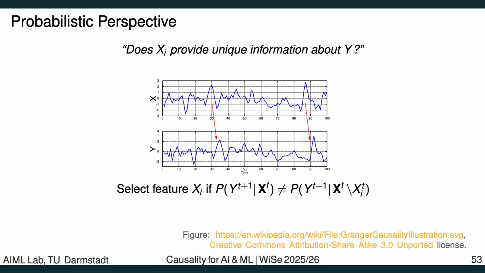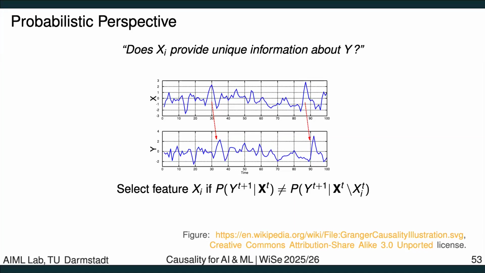The idea is that if I look at this time series, I might see some signal in X and sometime later see it in Y. So it's really about regressing these two things onto each other. If we frame it in a probabilistic way: do I get the same probability for Y with all of the features that I have, including Xi?